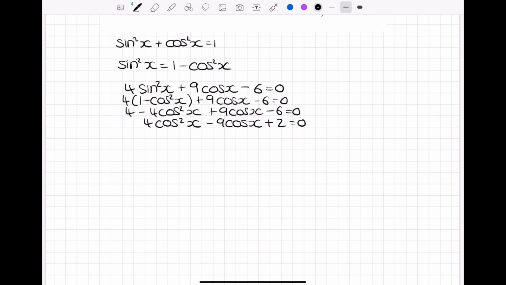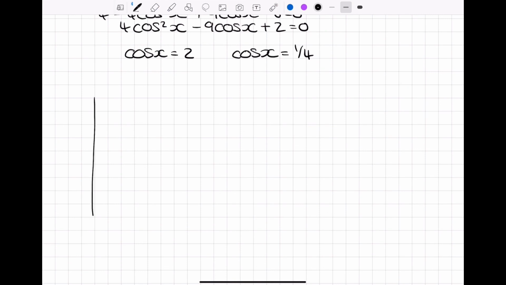So I've got 4 cos squared x minus 9 cos x plus 2. So to solve that polynomial, you can go straight to your calculator, and you should get your first solution for cos x equals 2, and another solution for cos x equals 1/4.